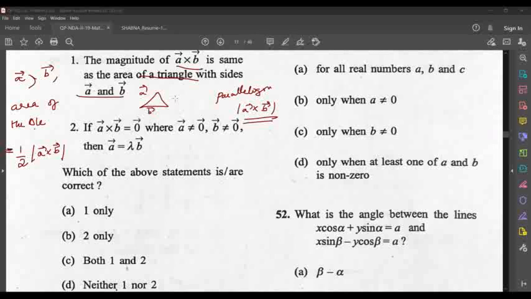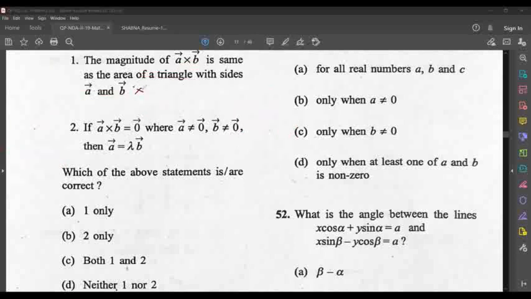So this statement one is a wrong statement. For a parallelogram with sides A and B, the area is the magnitude of A cross B. But the area of a triangle is half into the magnitude of A cross B. You should have a half. If they are saying half of the magnitude of A cross B, that is correct. So the first statement is wrong.